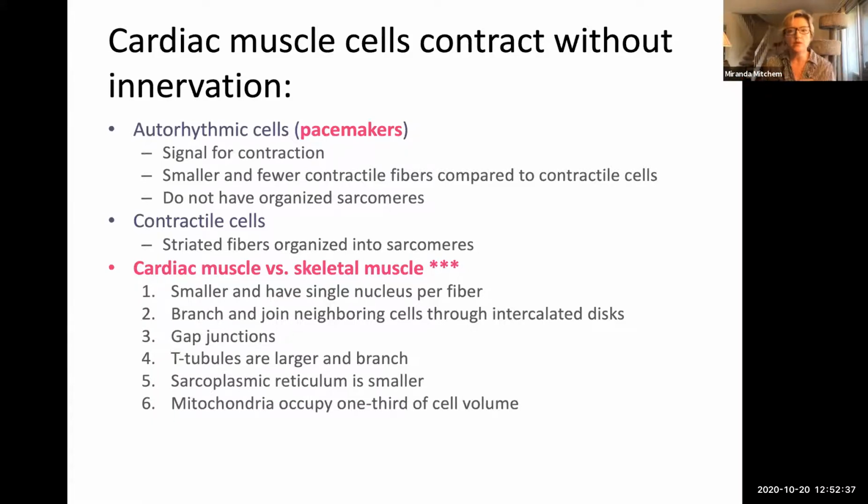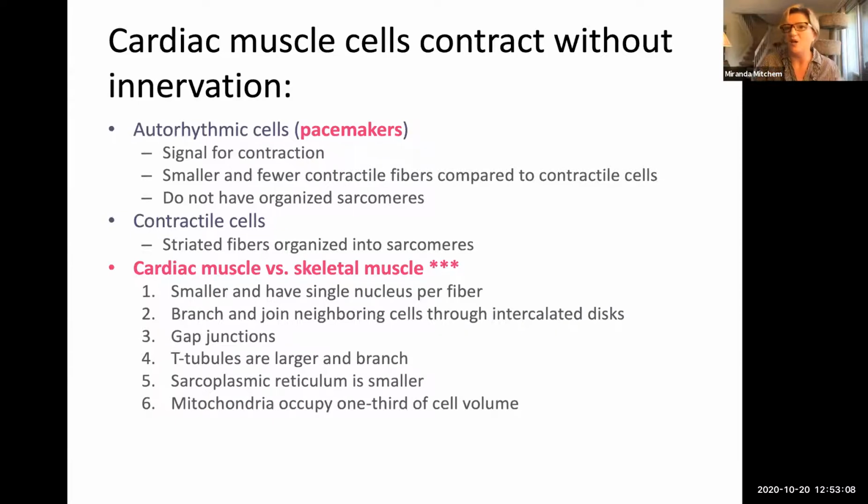It has one nucleus and it's shaped like a Y. The branches are connected through the intercalated discs that have lots of gap junctions so that our ions can flow readily all through the heart. The T tubules that are present in the contractile cells are bigger and they branch more. Again, T tubules are the connection to the outside.